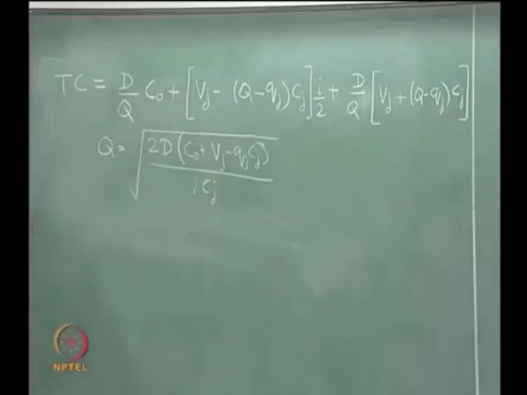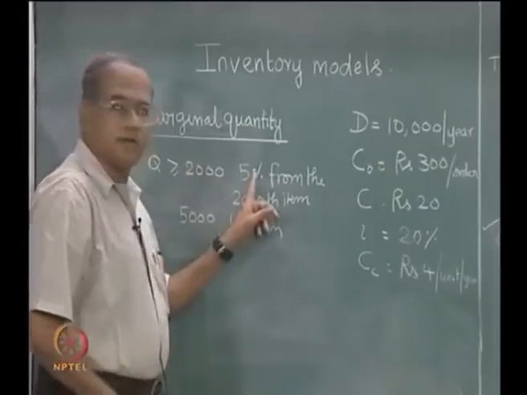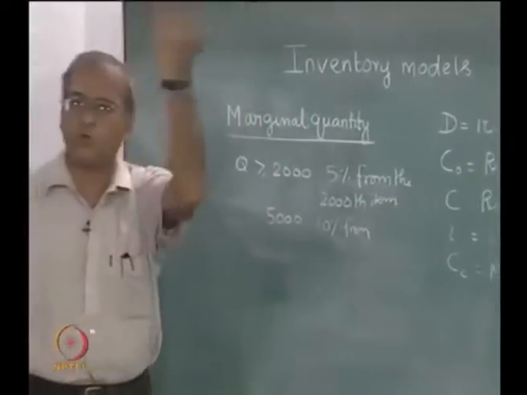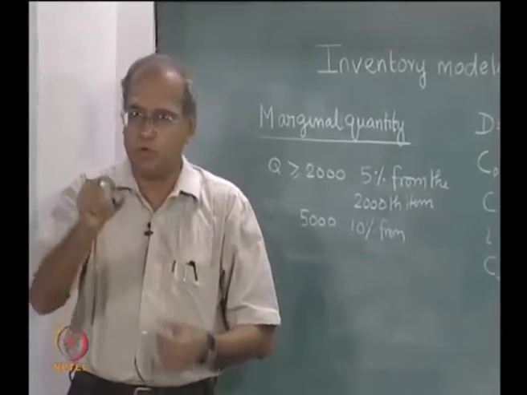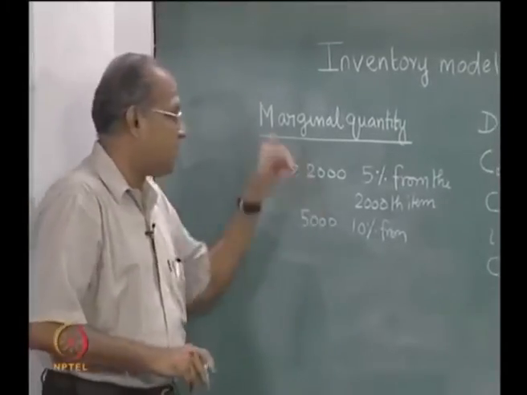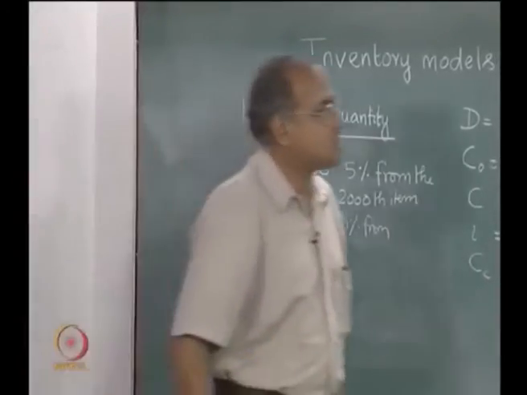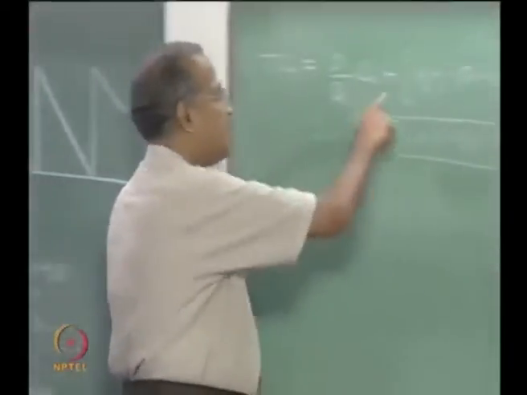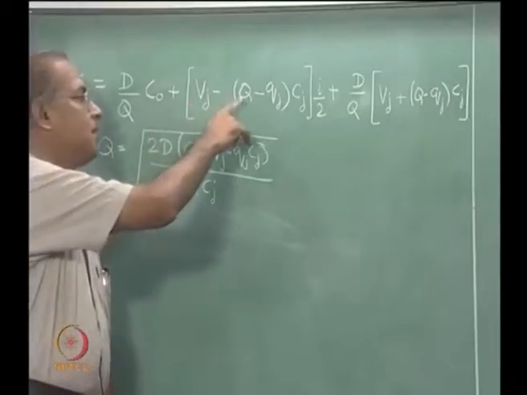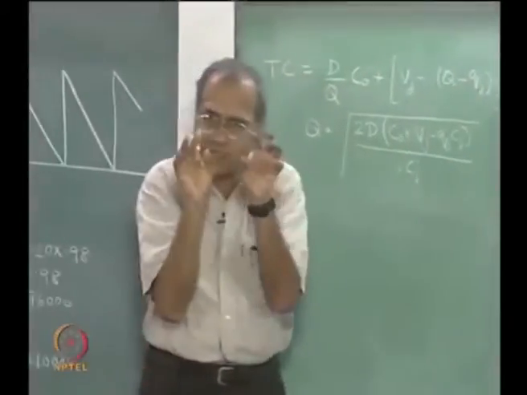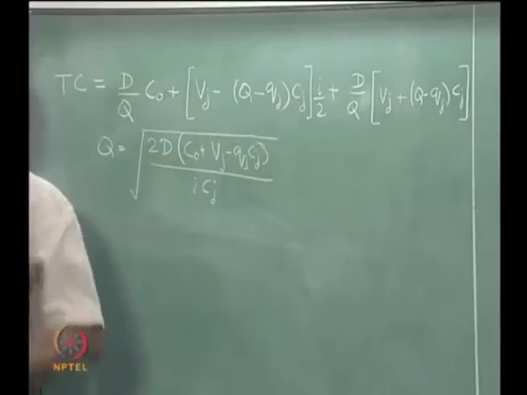Now, by the very definition of a marginal quantity, if we are looking at this case, 5% discount for a quantity above 2000. For example, if we are calculating for 3000, we would do 2000 into 20 plus 1000 into 19, which is given by this expression. Vj is the value for the first 2000, Q minus Qj, 3000 minus 2000, which is 1000, into Cj, which is the new value 19.